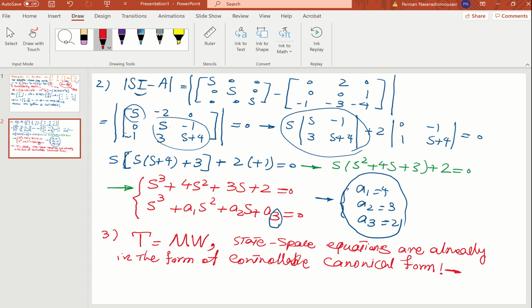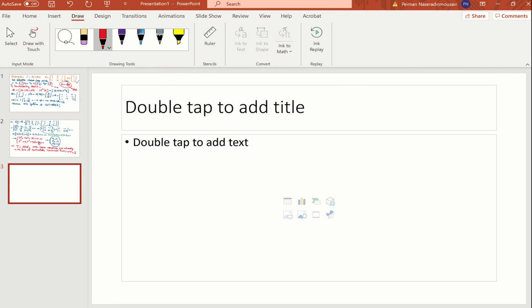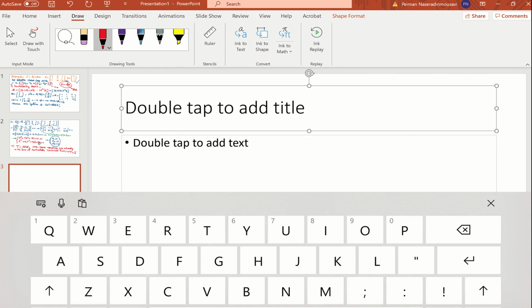If it is, I said that the transformation matrix is the identity matrix. Remember? Hold on. I taught you in the first class. If you remember, you can go to your notes.